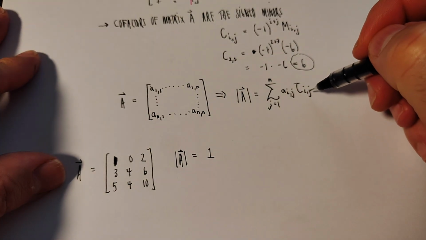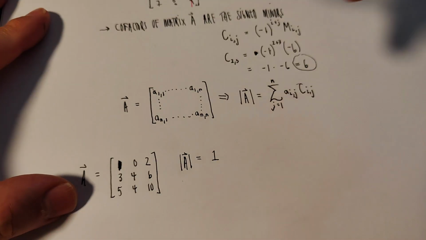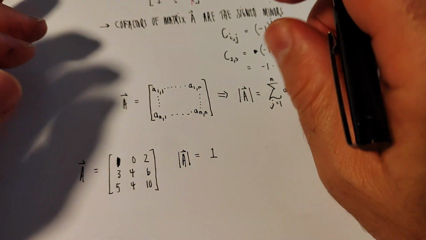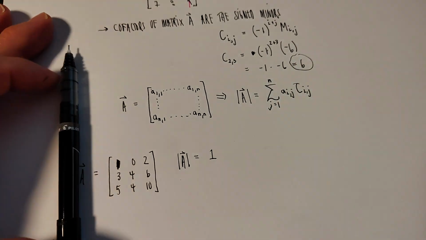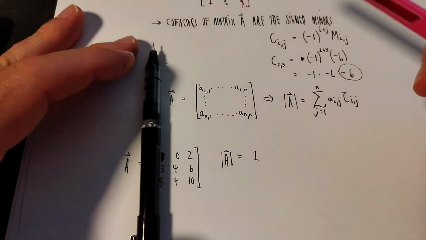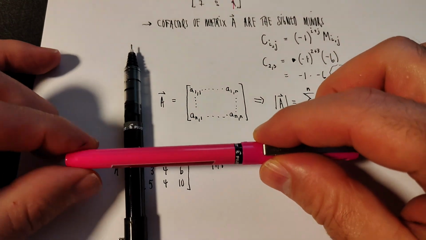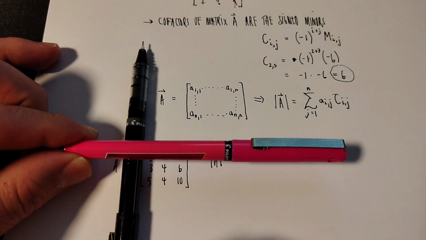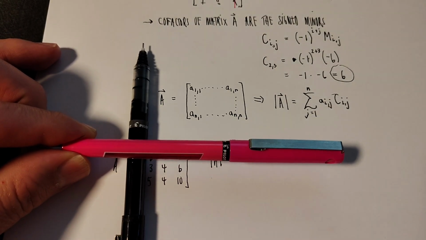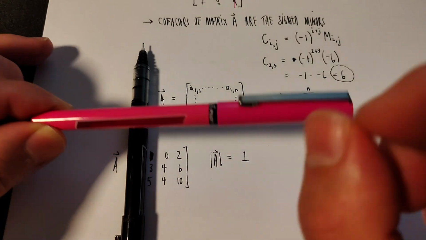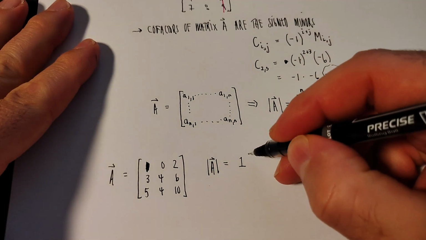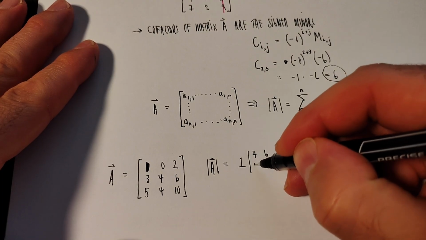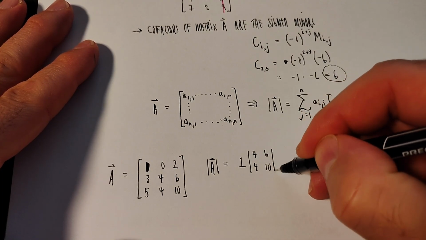What's the cofactor? It's going to be the signed minor, which again is when we remove the row and column, and we need to find the determinant of that right there, all right? And that looks to me to be 4, 6, 4, 10, right?